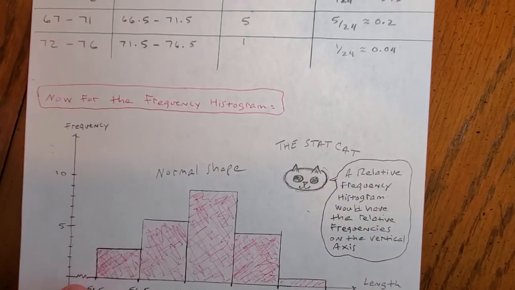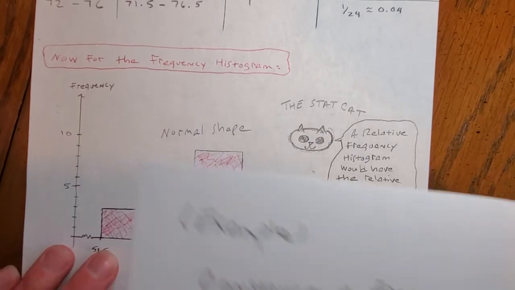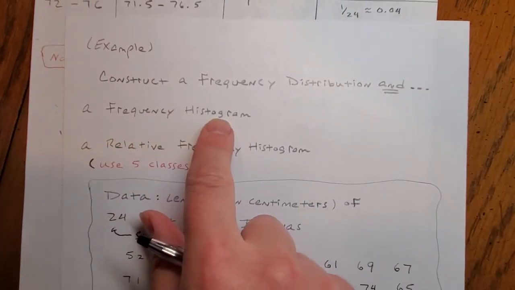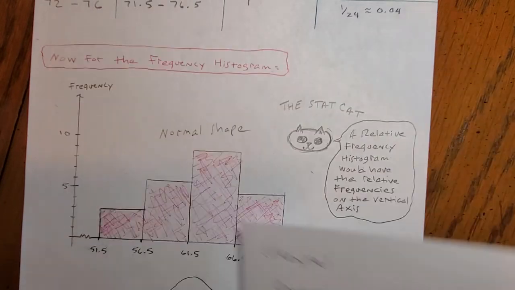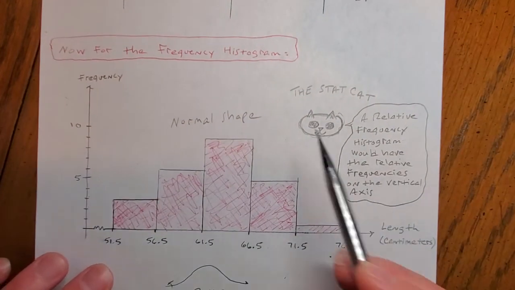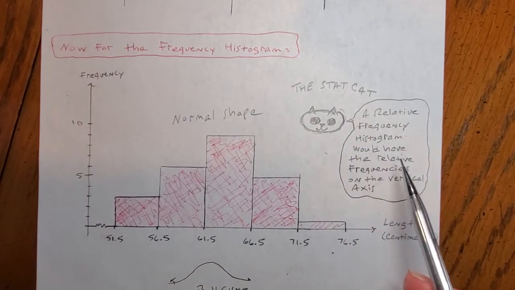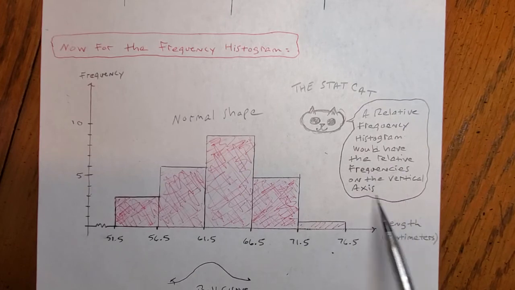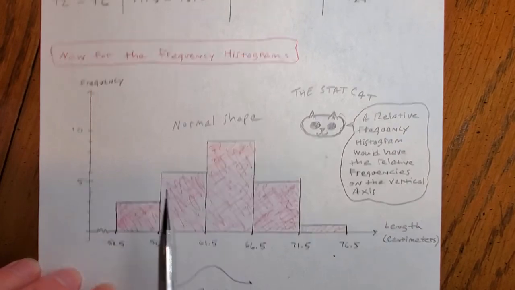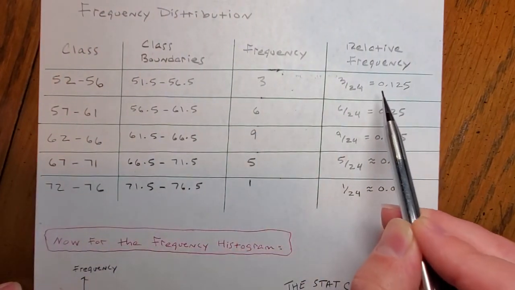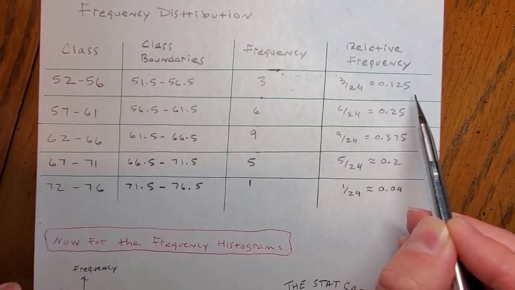I remember the question did say also, can you make a frequency histogram, which we've done, and can you make a relative frequency histogram? Well, let's see, the StatCat will tell us about that. A relative frequency histogram is just like this, except the relative frequencies are on the vertical axis. So for example, with the class from 51.5 to 56.5, instead of it going to 3, it would go to 0.125, okay?